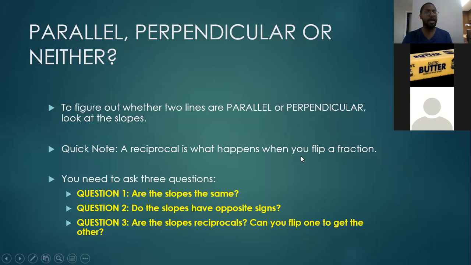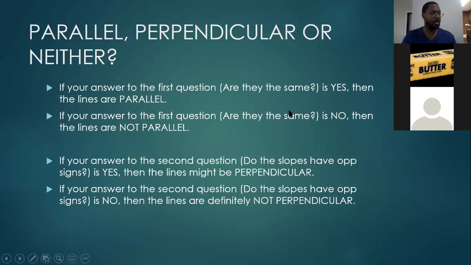Number 1, are the slopes the same? Number 2, do the slopes have opposite signs? Number 3, can I flip one to get the other? If I can, then we're golden.